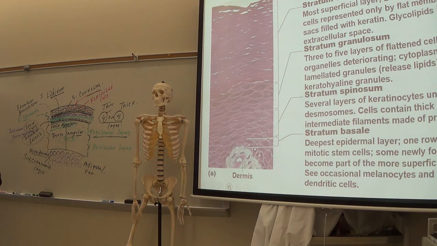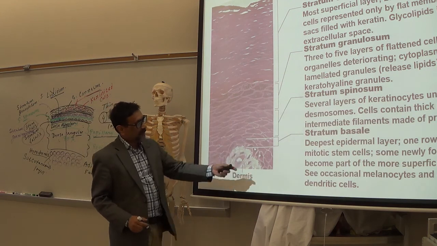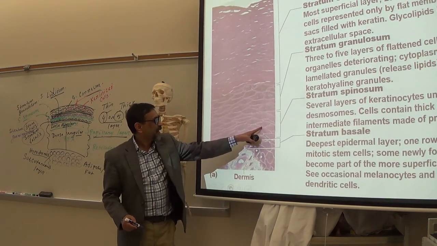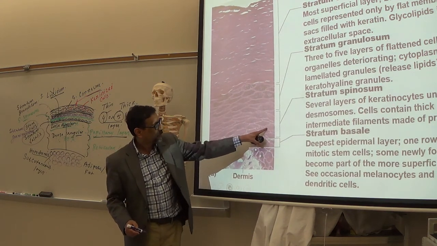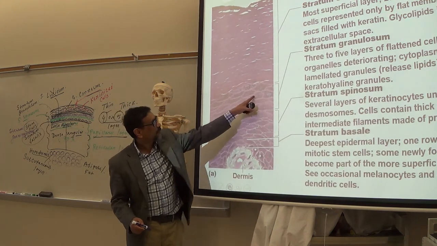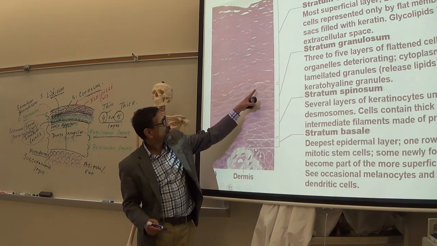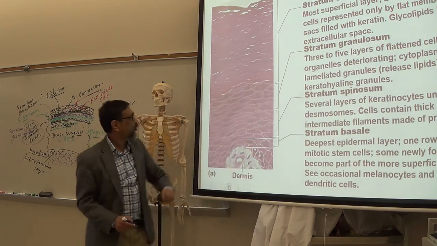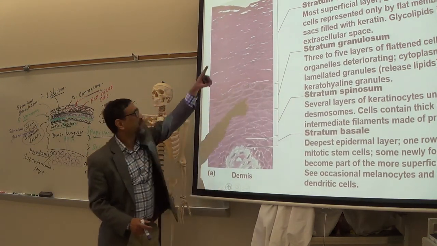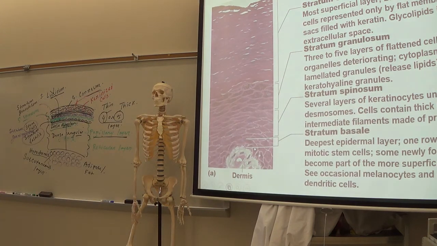Germinal layer or stem cell layer, same thing. Okay, this layer, spinosum. The cells have many spines. You see like this. If you look carefully, you see many spines. Granulosum. You see many granules, dark black granules. Okay, and many layers of flat cells. That's the stratum corneum. Okay.